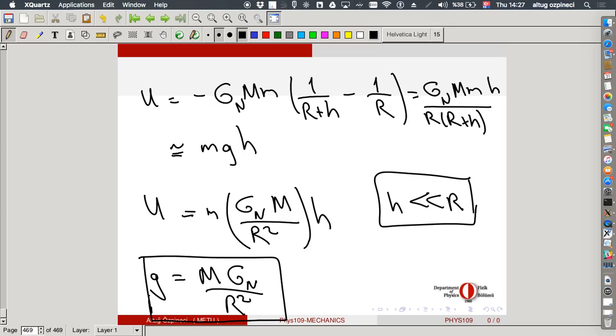In fact, when Cavendish was doing his experiment to measure Newton's constant, it was usually referred to as measuring the mass of Earth, because once you determine Newton's constant, you know what the mass of Earth should be.